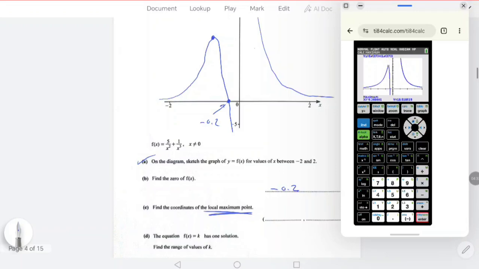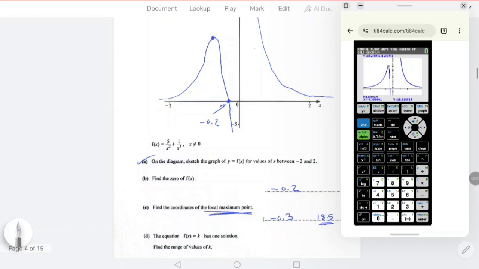So the local maximum point is at x equals -0.3, and y is 18.5. Please try to give this 18.5 to 3 significant figures, and the x is -0.3, so there is nothing else to write.